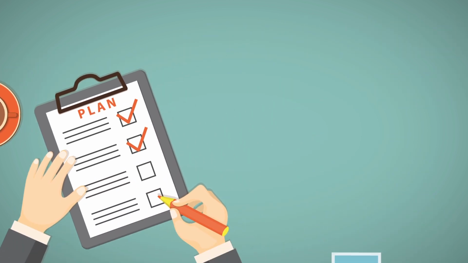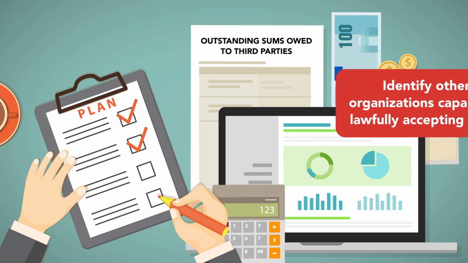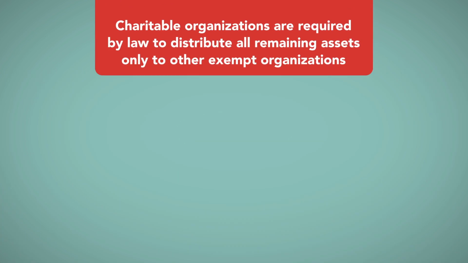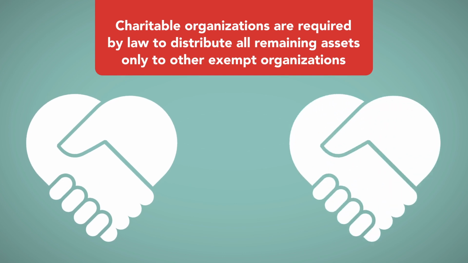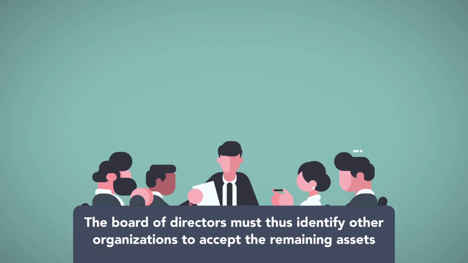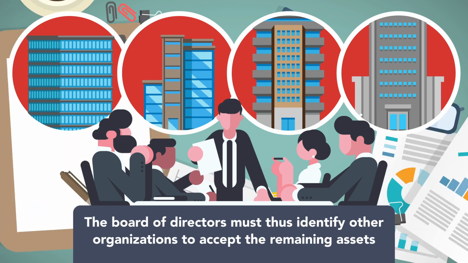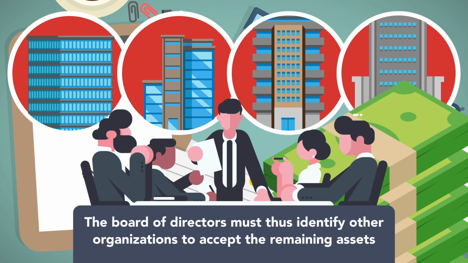The plan should first address outstanding sums owed to third parties and identify other organizations capable of lawfully accepting assets from the dissolving organization. Charitable organizations are required by law to distribute all remaining assets only to other exempt organizations. The board of directors must thus identify other organizations to accept the remaining assets, including all cash and tangible property.